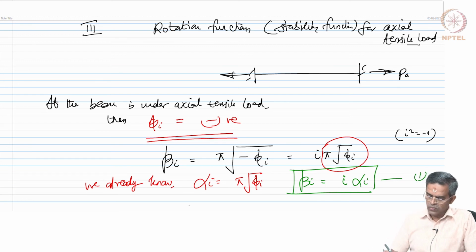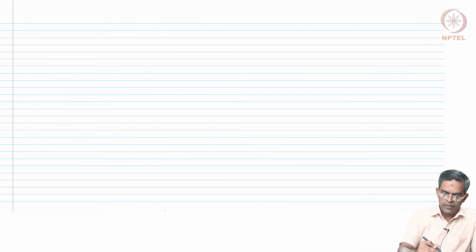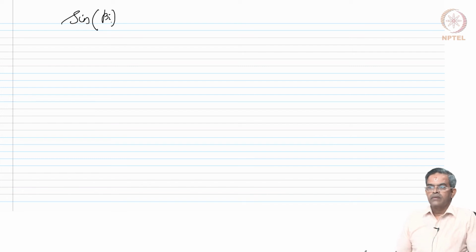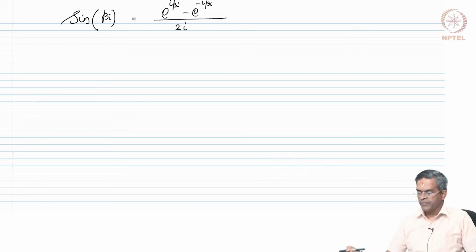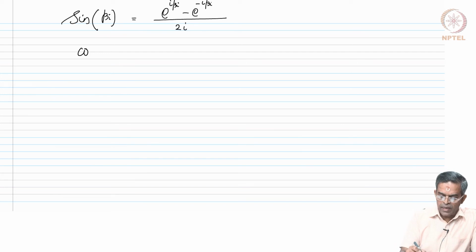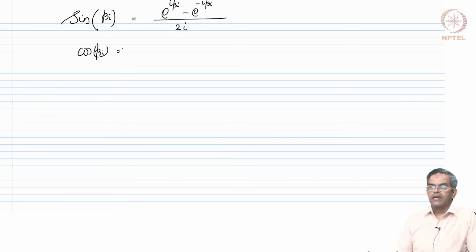We also know that sin beta I, because there is an imaginary function here, is equal to (E to the I beta I minus E to the minus I beta I) by 2I, and cos beta I is taken as (E to the I beta I plus E to the minus I beta I) by 2.